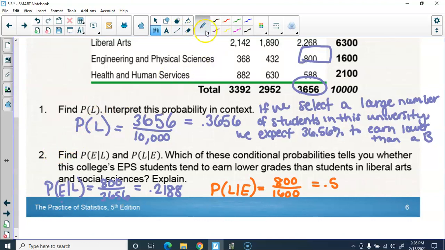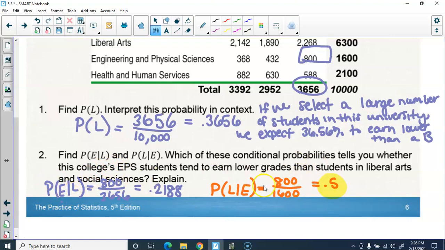Because this second one that we just calculated is divided by the total of only EPS students, it tells us that EPS students are more likely to earn lower grades than liberal arts and social sciences students, because 50% of engineering students get lower than a B, whereas only 21.88% of students who earn lower than a B are engineering students.